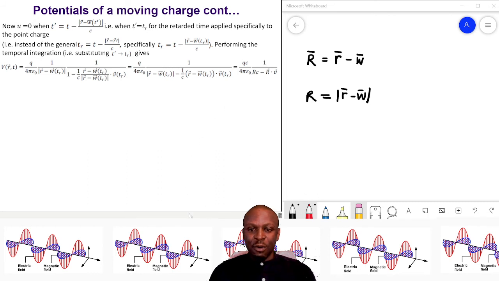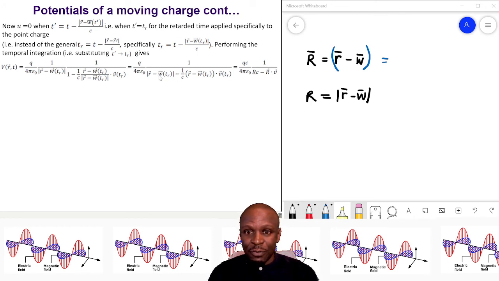Now, whenever I see this, I'm going to write the vector r. Whenever I see this magnitude, I'm just going to write r. When you look at this equation here, what is this? This is the magnitude of r. That's why you see the magnitude of r.